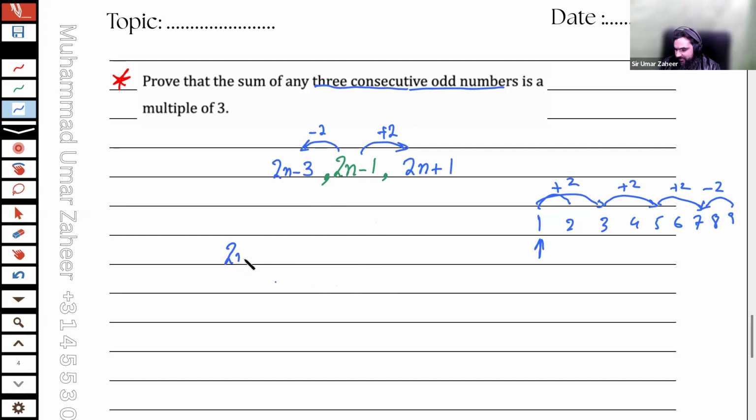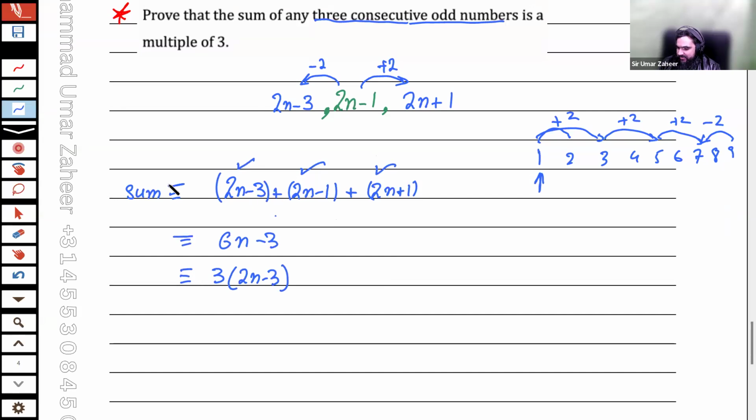So we have 2n minus 3 plus 2n minus 1 plus 2n plus 1. So add them: 2n plus 2n plus 2n will be 6n. Plus 1 minus 1 will be cancelled out, it will be minus 3. You have to take 3 as a common factor, you will get 3 times 2n minus 1.